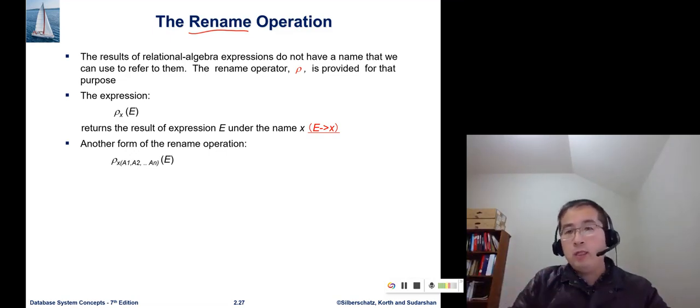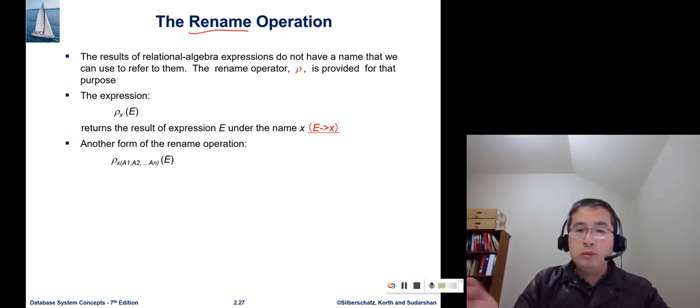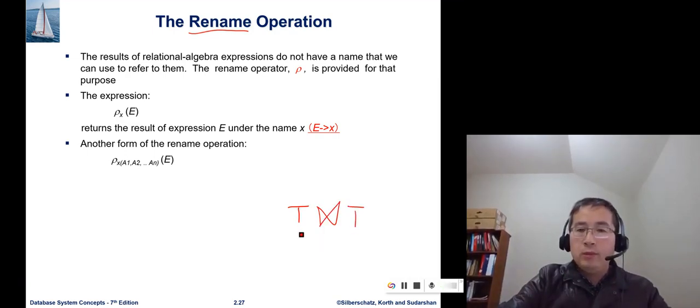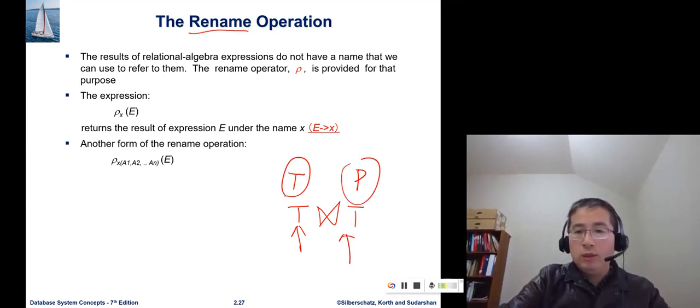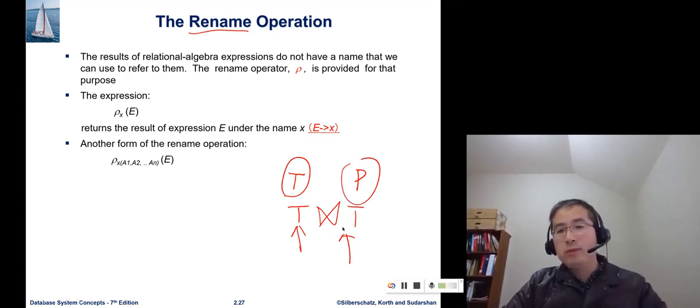So we want to give a new name to the table itself. We want to join it with itself, so you want to differentiate: this is the left one, this is the right one. So you can give a new name. Okay, this is T, this is P. Right? So then you will know, even though they are the same tables, you refer to them in different ways. So this is called a rename.